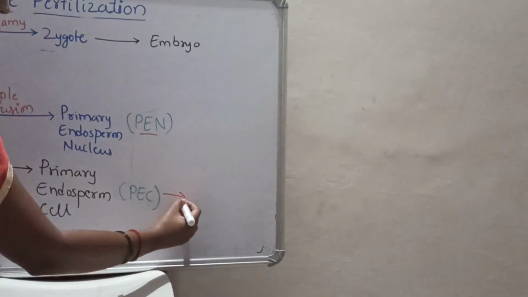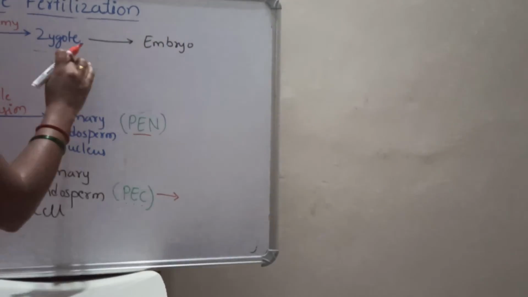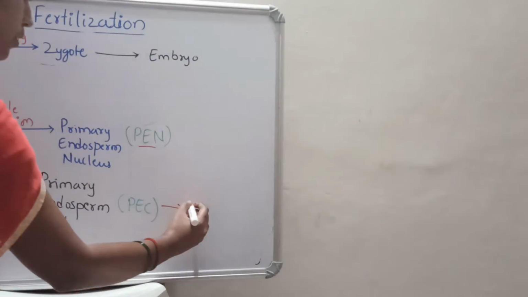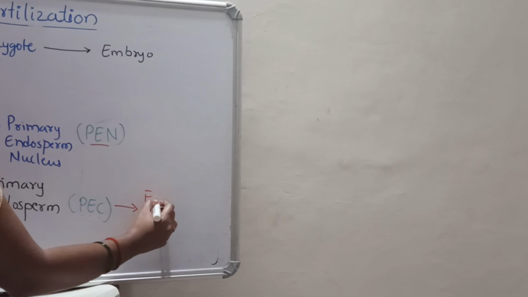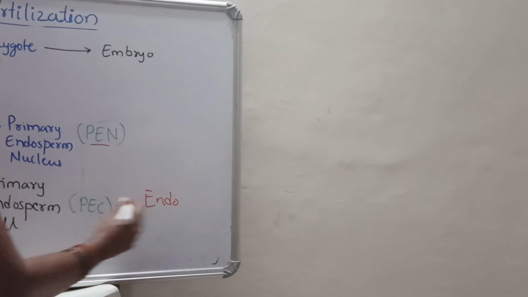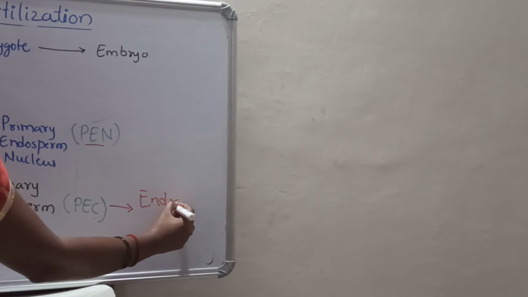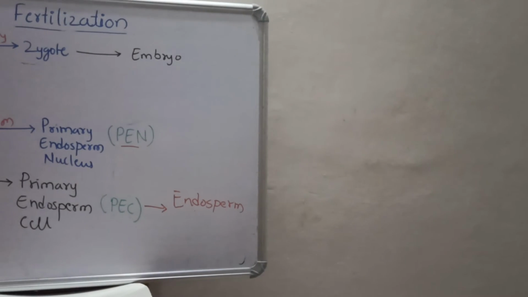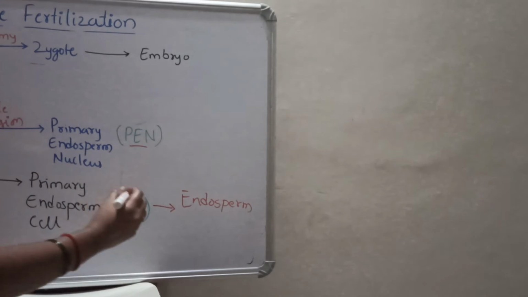After double fertilization, the zygote becomes the embryo, and the primary endosperm cell becomes the endosperm. This endosperm is the nutritive tissue.